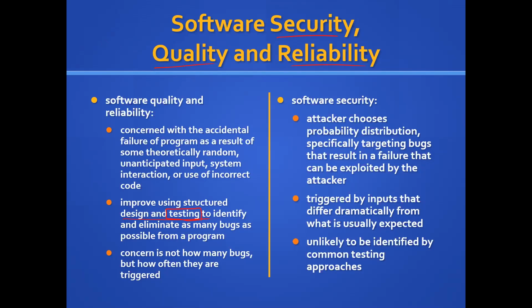And so that's really the focus when it comes to quality and reliability. Whereas with software security, you're worried about attackers and how they can try to inject things into your code and try to manipulate it or damage it in some way or another. And so these are the two areas that we've been discussing in software assurance.